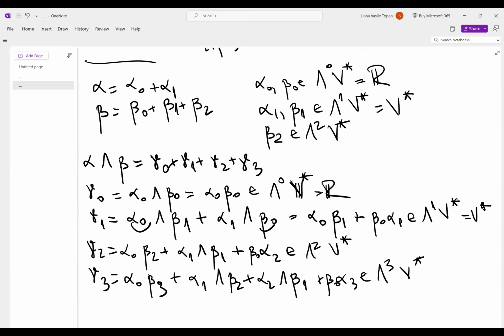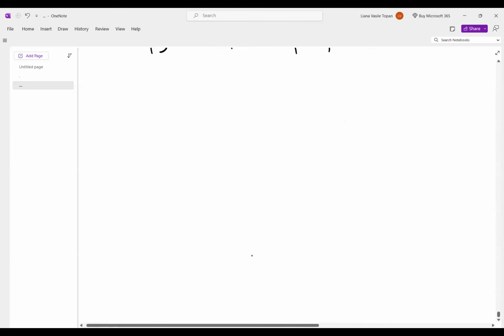Okay. Now, once we are here, we'll see that every linear map between vector spaces will determine a pullback, right?